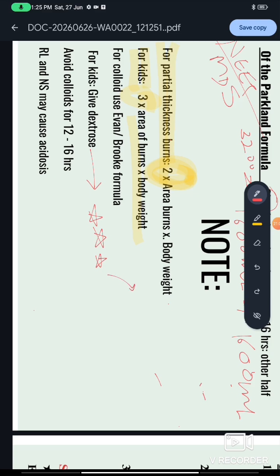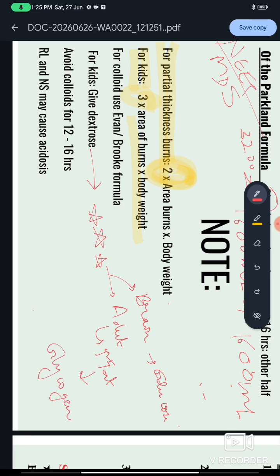Why? Because during burns, the brain needs glucose. Now in case of an adult, there is excessive fat. Fat is broken down into glycogen, and this glycogen forms the glucose which goes to the brain.